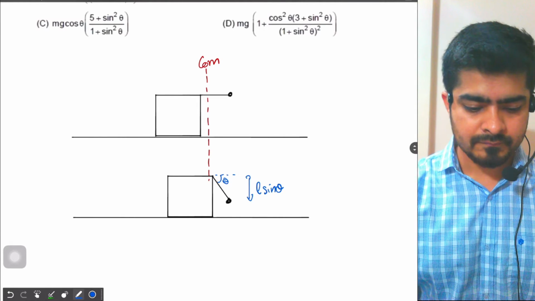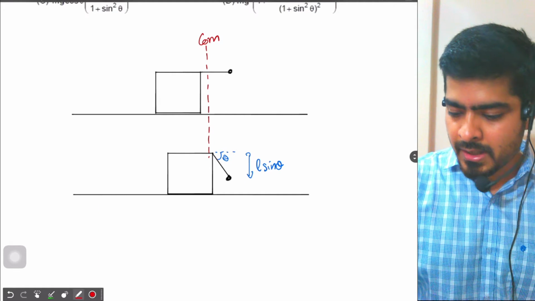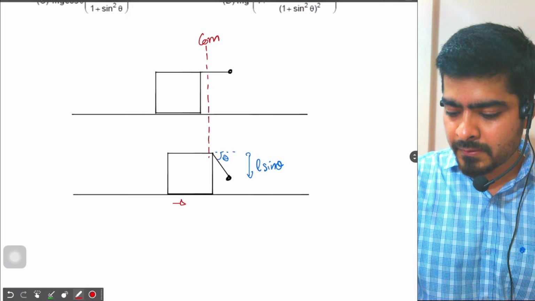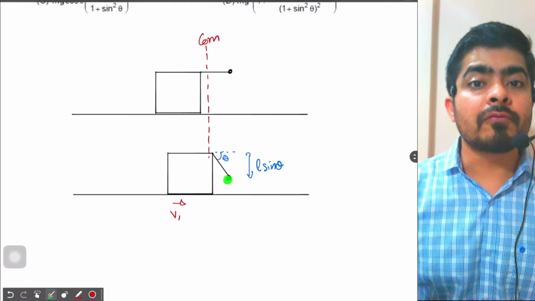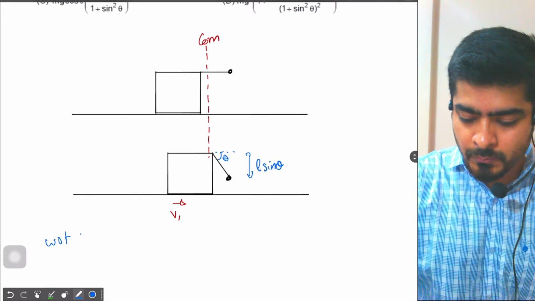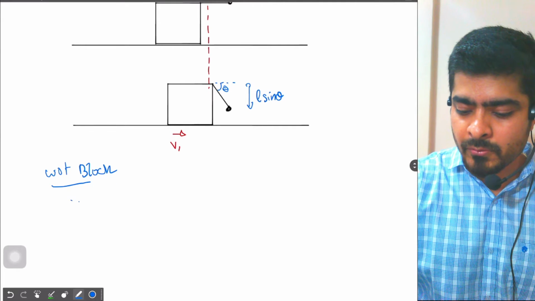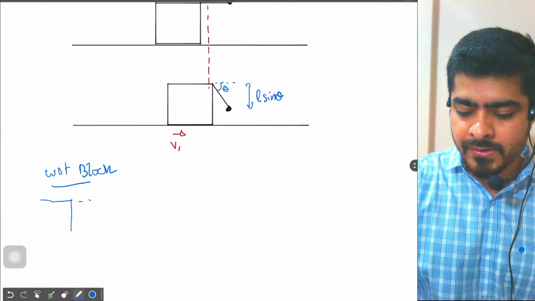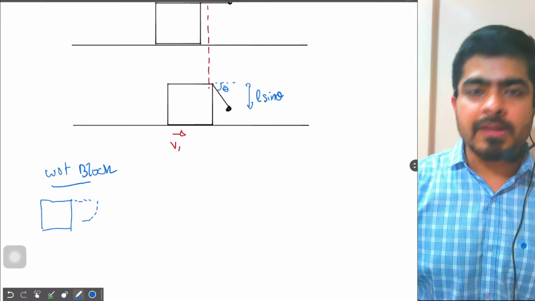Okay, now let the block have velocity v1, and the particle with respect to the block is performing circular motion, the block will be fixed. Okay, the particle will be performing circular motion, correct?